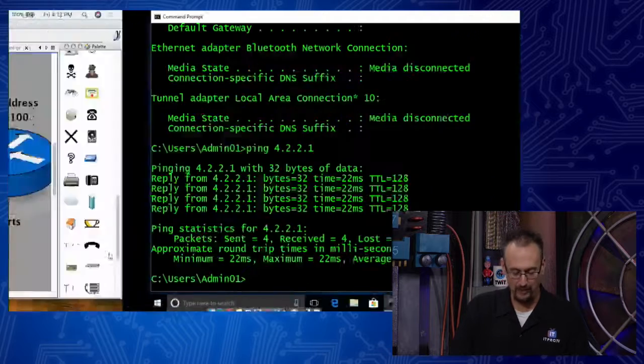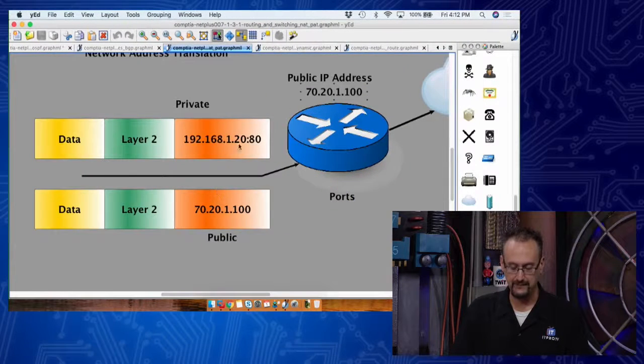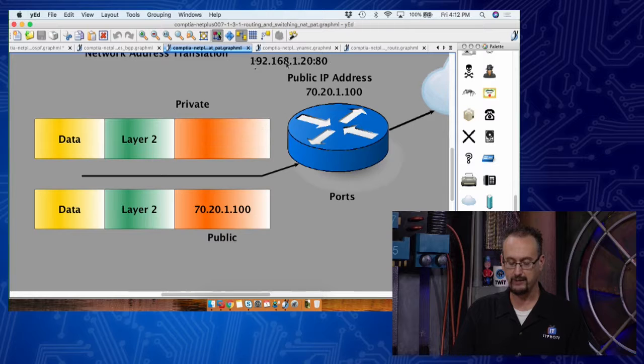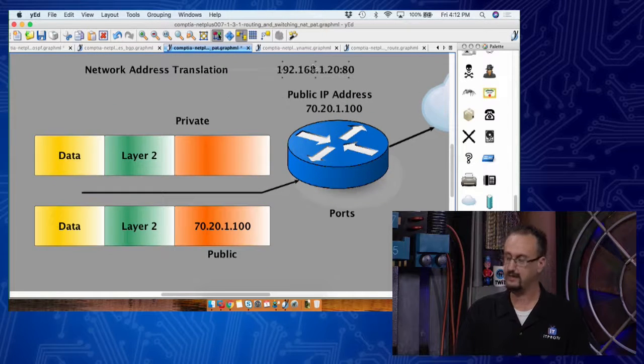Not really. What's going on here is that the network address translation device is receiving that packet with that IP header that has the private IP address in it. And what it does is it says, okay, I'm going to remove that private IP address, and I'll bookmark it in my table so I know which computer it came from.